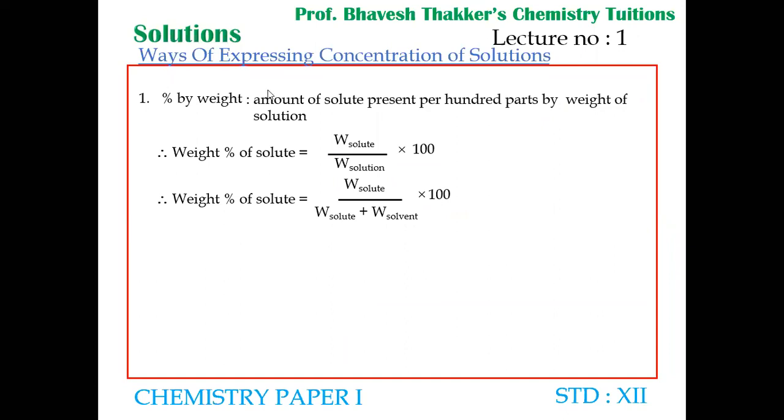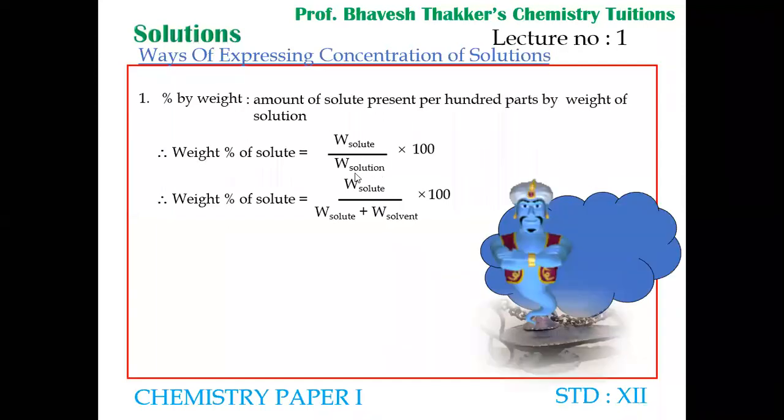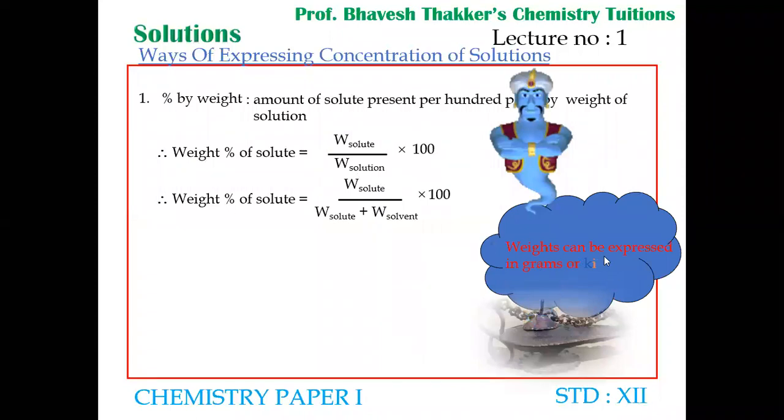So we define this as mass of solute present in 100 parts of solution. Now you can take either both of them in grams or both of them in kilograms. Weight can be expressed in kilograms or grams.